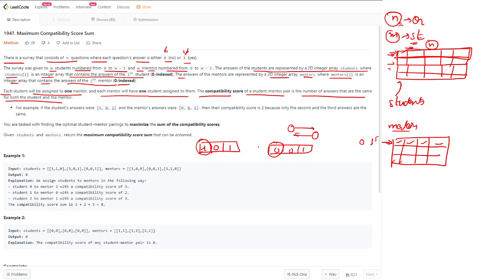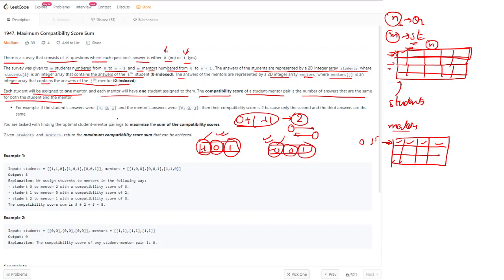You see this is 1 and this is 0, so it is not matching. Hence for this question the compatibility score is 0. Then for this question, 0, the mentor has also given 0, so plus 1. For this one, here also 1, so plus 1. So for this particular student and this particular mentor, the compatibility score is 2 in total.